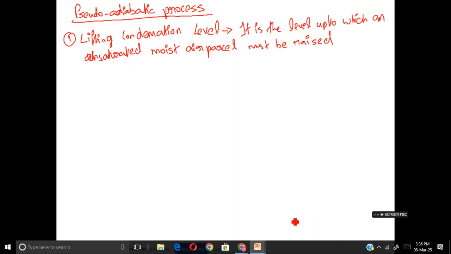The lifting condensation level is the level up to which an unsaturated moist parcel must be raised so that the parcel reaches saturation.